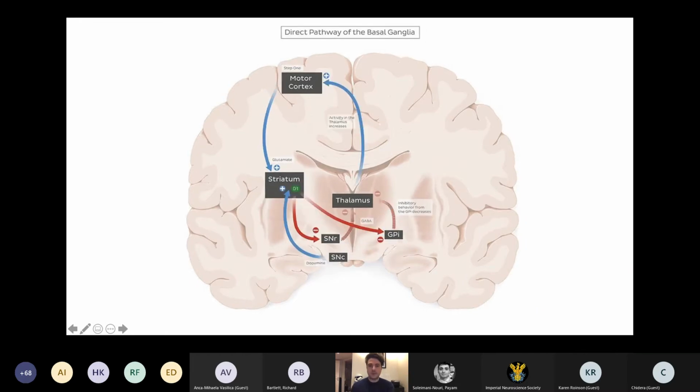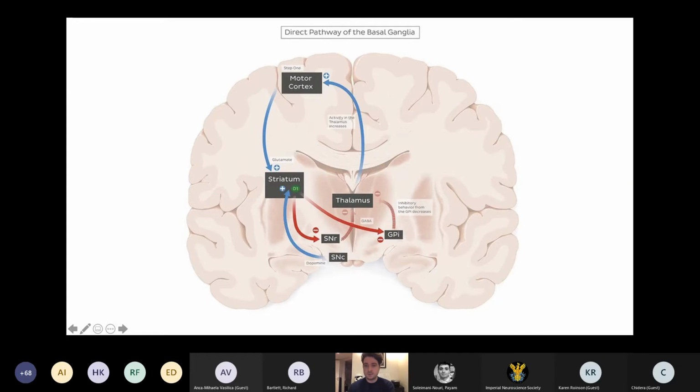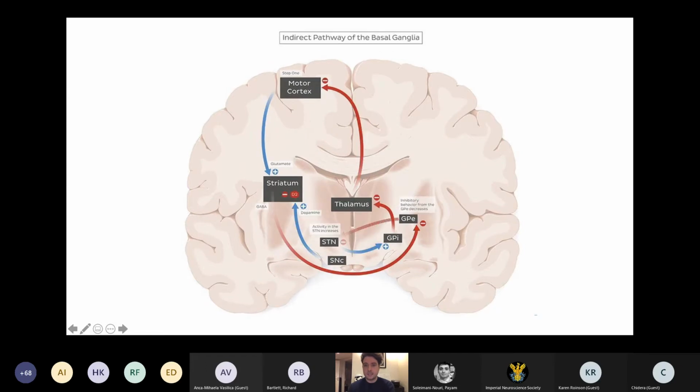Think back to our direct pathway. Our globus pallidus internus connects onto our thalamus. Likewise here, that's equally true. What you end up getting is, because you've got that excitation from glutamate from the subthalamic nucleus onto the GPI, which naturally inhibits the thalamus, this inhibition pathway, which we blocked before, if you guys remember, is now active.